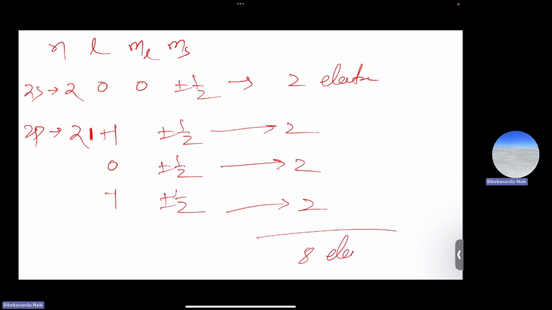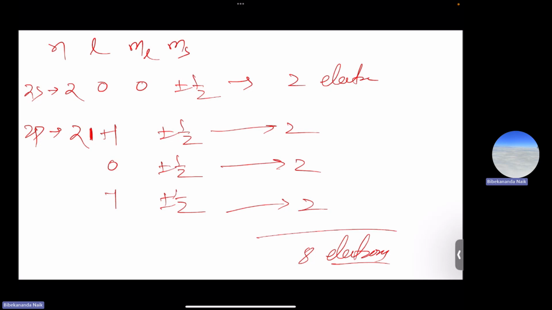Total 8 electrons. So the sets are 2 0 0 plus half, 2 0 0 minus half, then 2 1 1 plus half, 2 1 1 minus half, 2 1 0 plus half, 2 1 0 minus half, 2 1 minus 1 plus half, 2 1 minus 1 minus half.